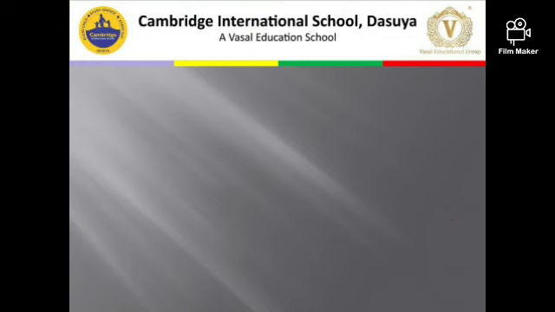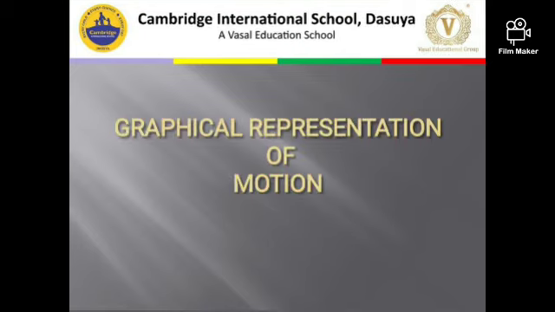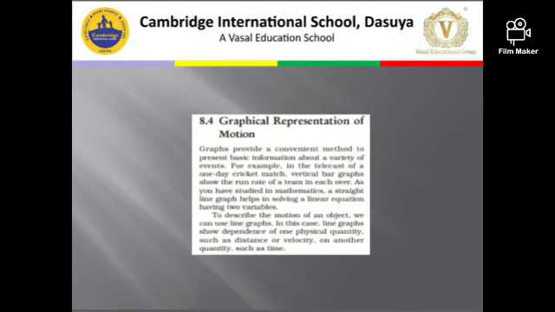Similarly, today we are going to do graphs in the motion chapter, that is, if an object is moving, how graphically we can represent its motion. So let's get started with the graphical representation of motion. Children, this is a clip from your NCERT book.